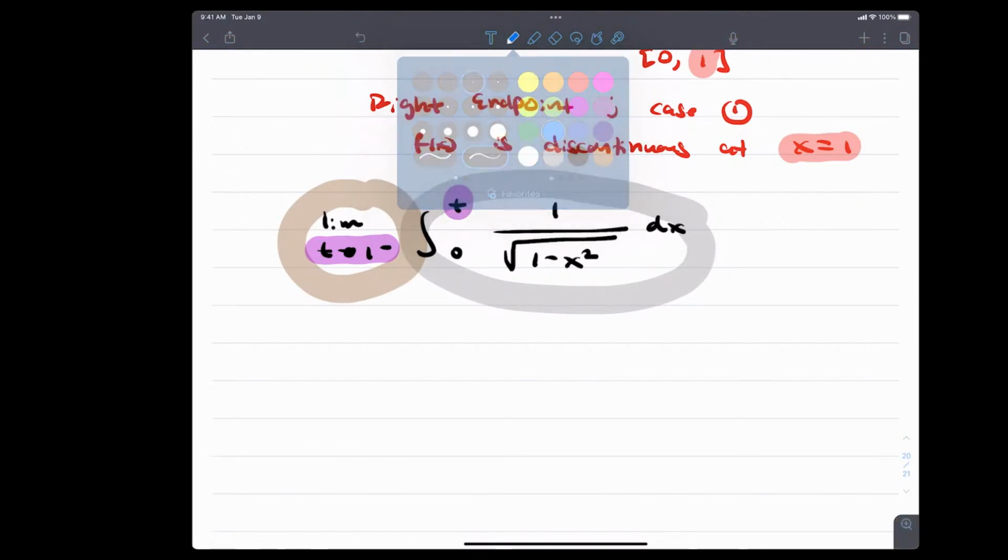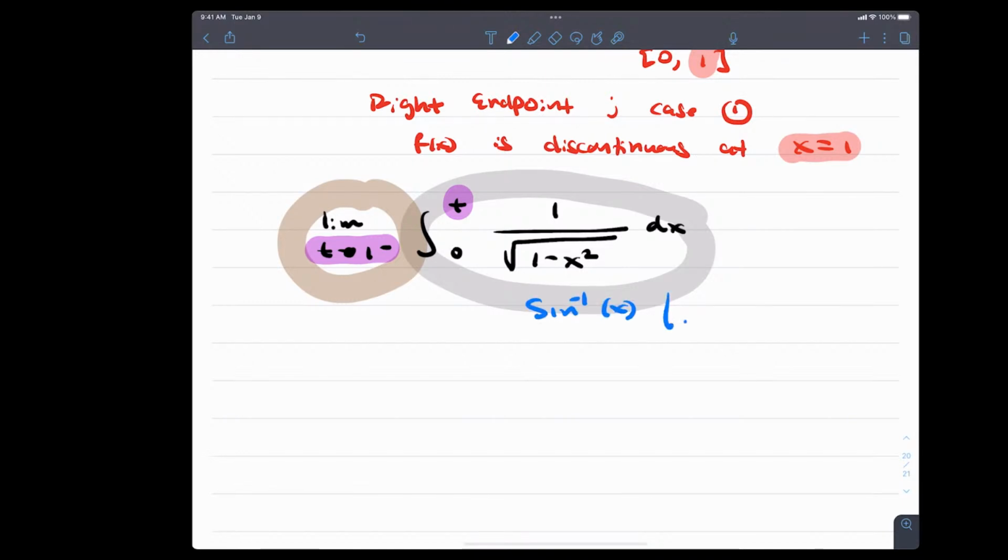So then the question becomes, do you guys recognize this anywhere? Inverse what? This is a special integral you want to know. It's inverse sine. Absolutely. Now, inverse sine of 0, do you remember what that number is?